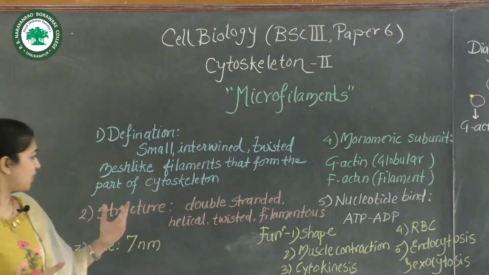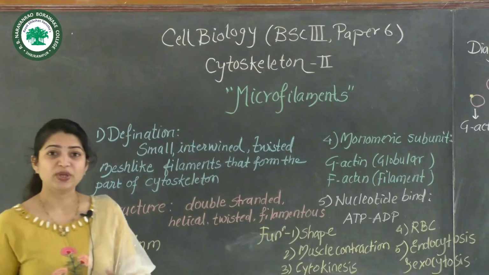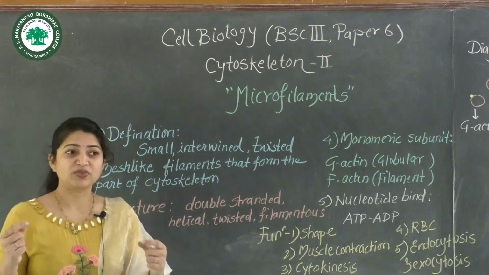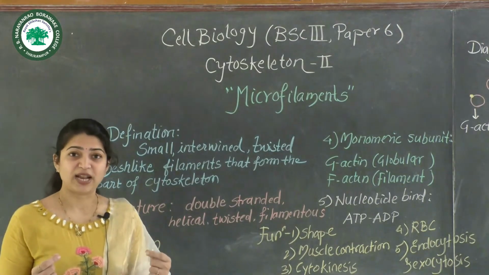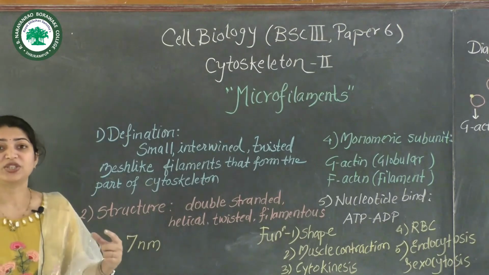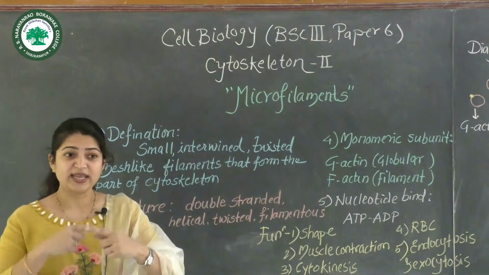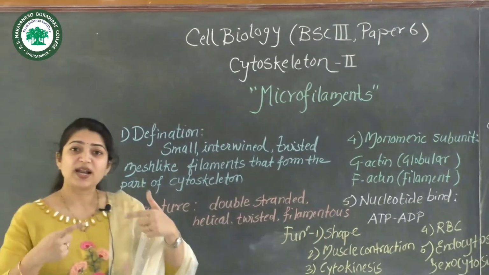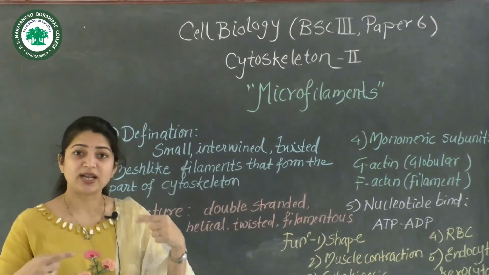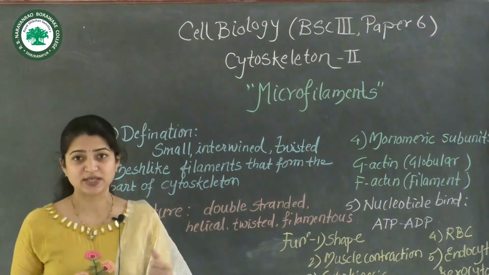The next point is the structure. As I've told you, if you observe a single microfilament under the electron micrograph, it is observed to be double stranded, just like DNA. It is double stranded and helical, with two strands twisted around each other, giving a filamentous structure.